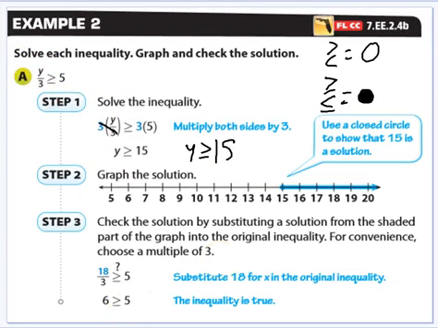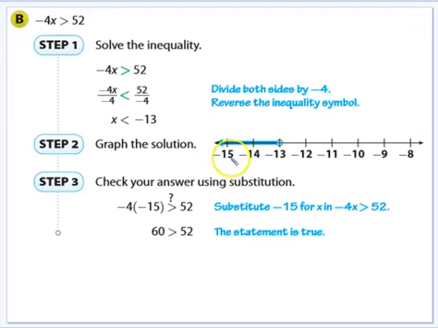All right, moving on. All right, so we've got negative 4x is greater than 52. Okay, so we've got multiplication, so we're going to divide. We are going to divide by a negative number, so you need to remember to reverse or flip, whichever one you want to call it, the inequality sign.